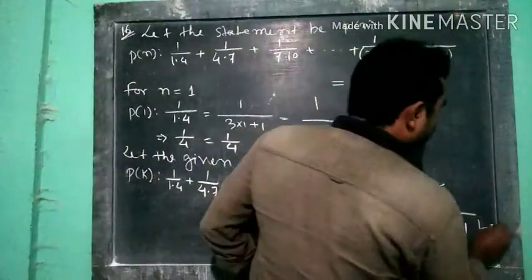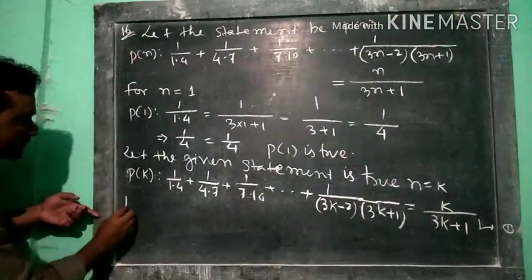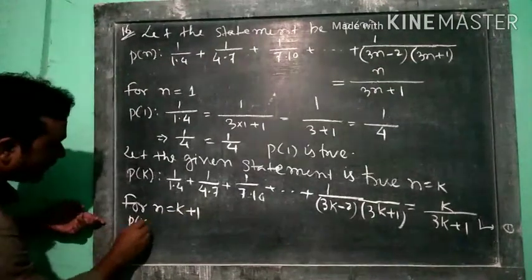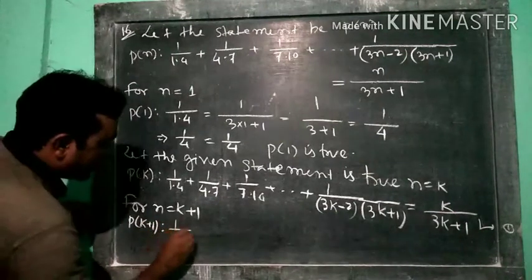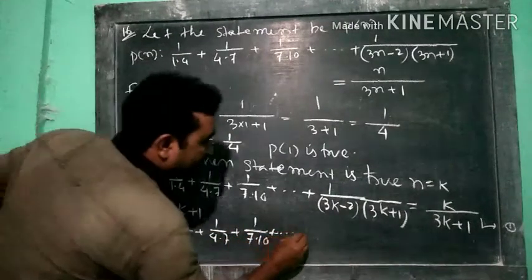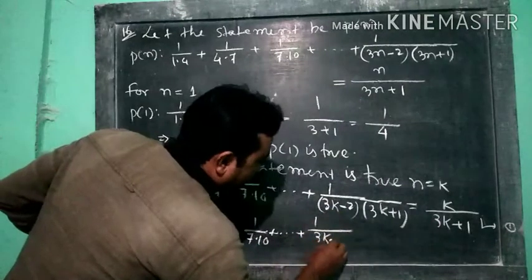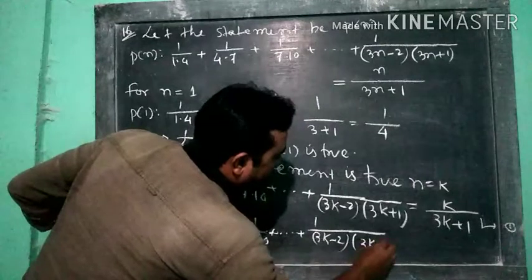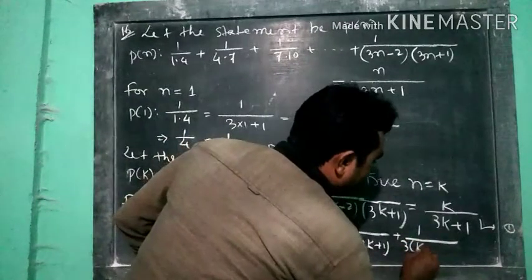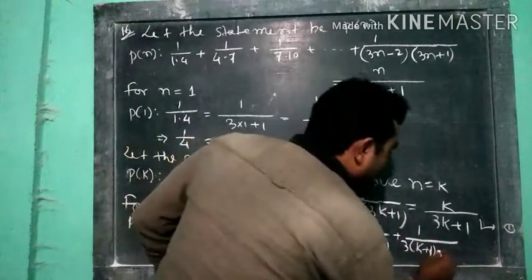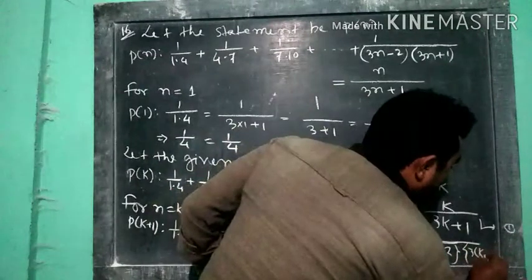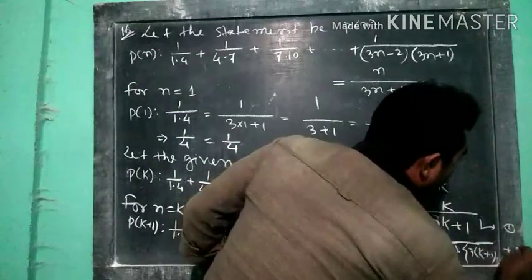This is equation number 1. For n equal to k plus 1, now if we take the value of n as k plus 1, then P of k plus 1 such that 1 by 1 into 4 plus 1 by 4 into 7 plus 1 by 7 into 10 plus up to 1 by (3k minus 2) whole into (3k plus 1) plus 1 by 3 whole into (k plus 1 minus 2) within second bracket, whole into 3 whole into (k plus 1) plus 1, also second bracket.